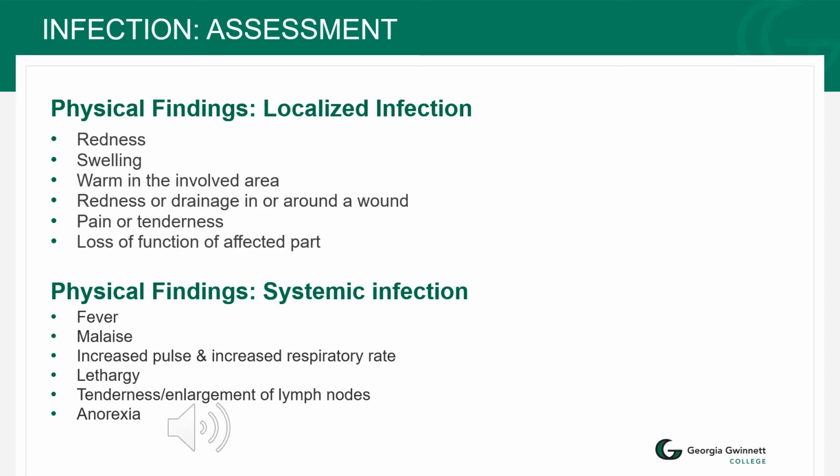I wasn't there to take his pulse or respiratory rate, but you could feel his lymph nodes were tender or enlarged. His appetite was down. Someone that is experiencing a systemic infection typically will have, along with that fever, increased pulse rate and increased respiratory rate. So those are the signs or symptoms of a systemic infection.